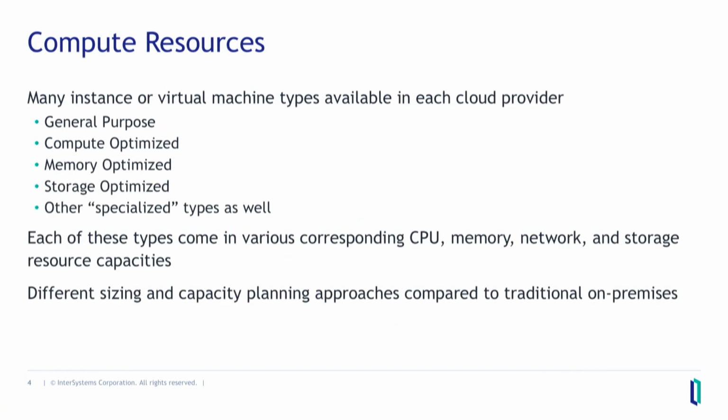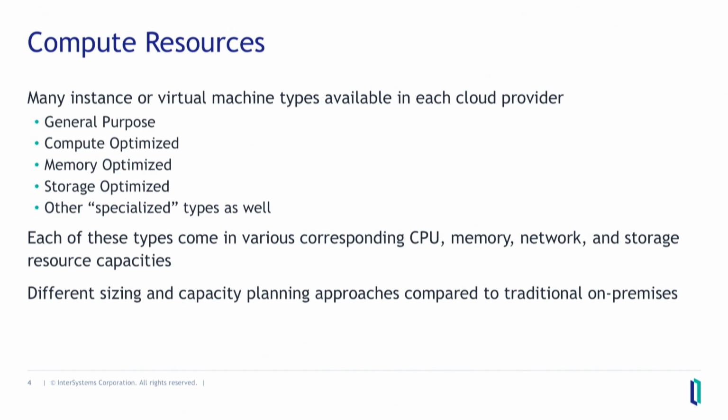So if we look at the compute resources a little bit, there's many choices around different options. There's general purpose, compute optimized, memory optimized, storage optimized, and then there's other specialized options as well in different instances based on the cloud provider.